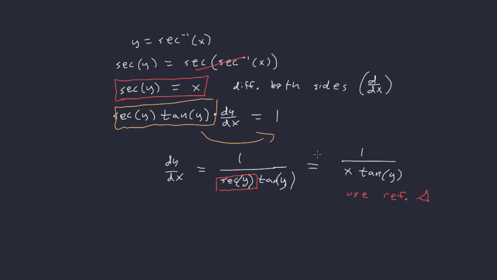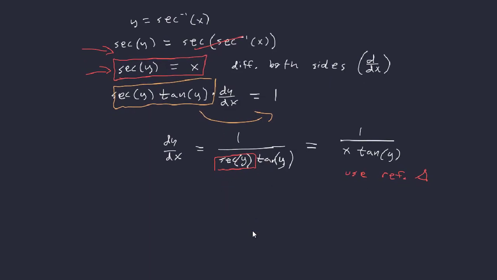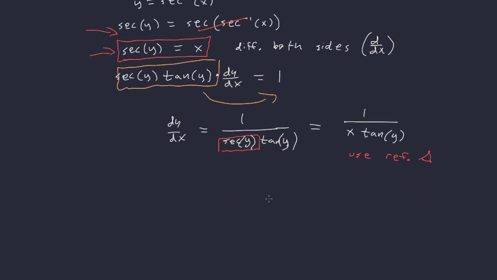We base it on what we started with. Let's give ourselves a little more room here. I'm going to draw a right triangle. Getting better at that, I think. And we're going to base it on secant. So remember here that the angle is y, so I'm going to put y in for the angle.